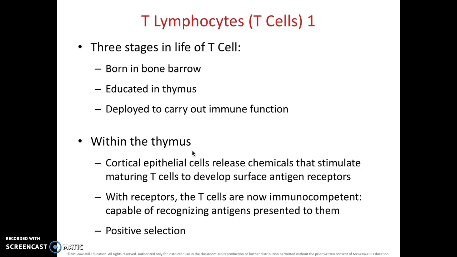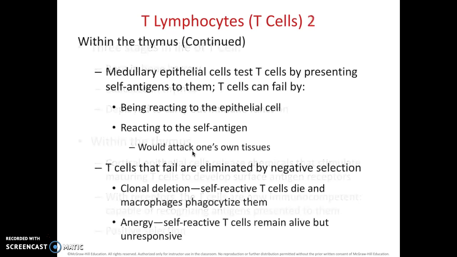With those receptors, the T cells are now what's called immunocompetent, which means that they are able to recognize antigens that are presented to them by the antigen presenting cells, and they undergo positive selection, which we'll talk about in a second.